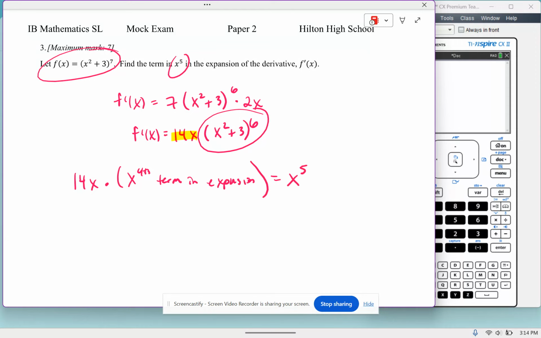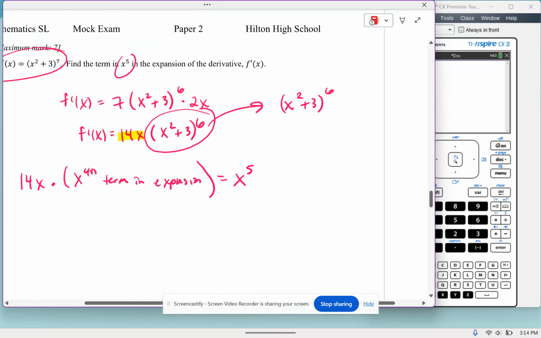Okay, so now I have to find the x to the fourth term in this expansion. Hey, that's pretty easy, right? I can do that. I can find the fourth term in there, right? So what do I want in there? Let's think. I want x to the fourth.